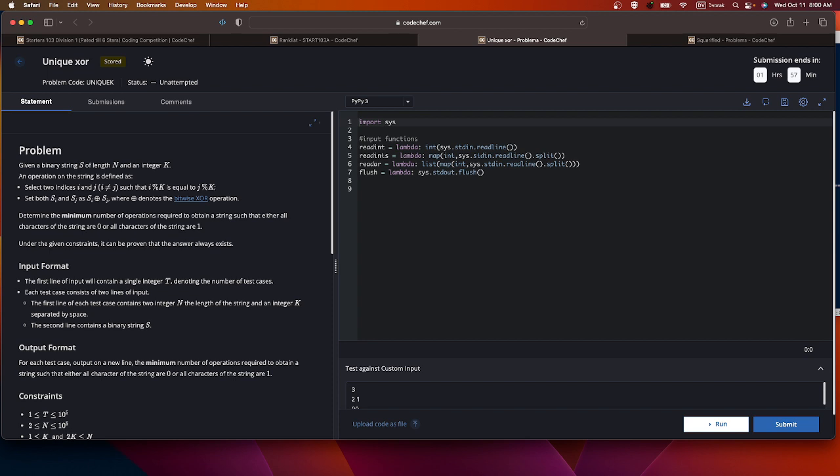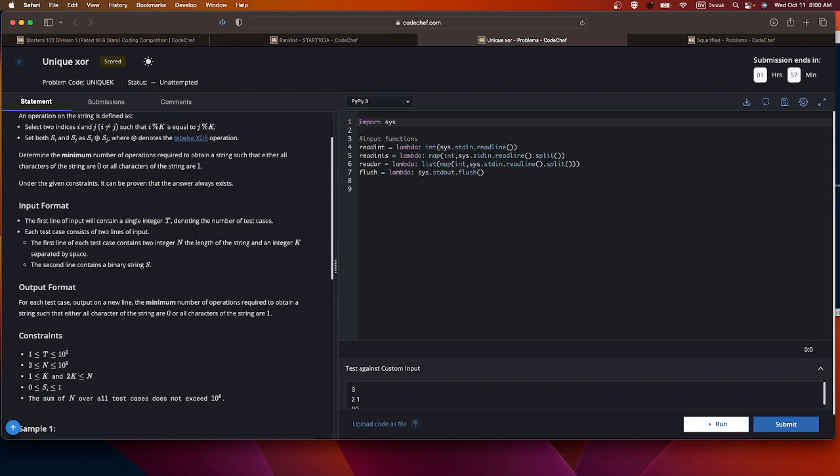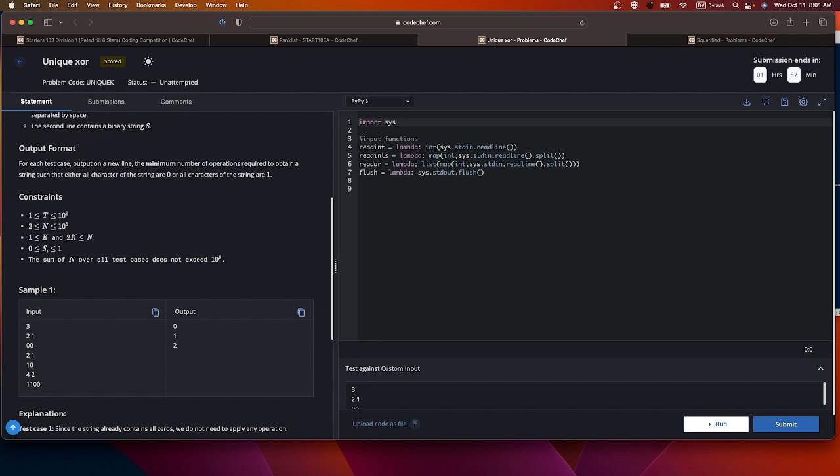So that i mod k is the same as j mod k. 2 times k is at most n. So what that means is that, yeah, the last character is always going to be able to be adjusted somehow.